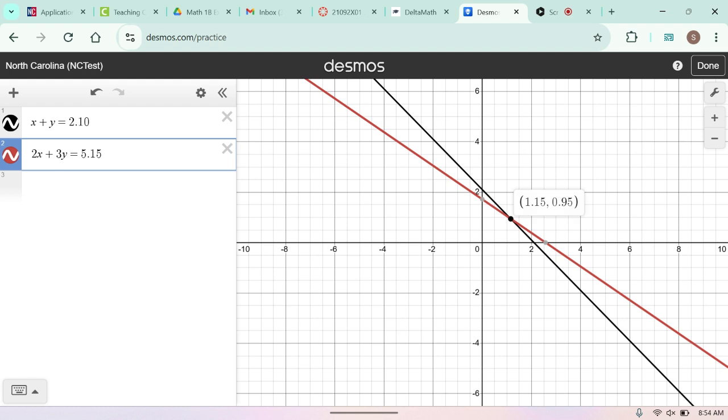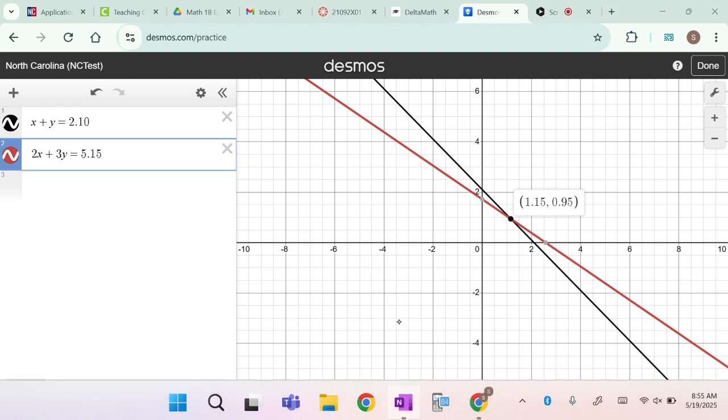Now remember, what did they specifically want me to find? The price of the glass of milk. Now, given that point of intersect, which part's the price for the glass of milk? The Y value. So how much is the glass of milk? 95 cents. Now, if they asked us what the price of the taco is, how much is it? $1.15.